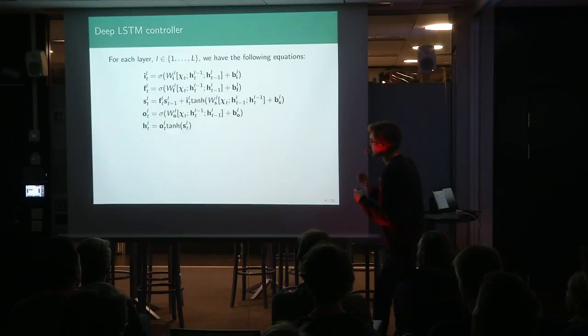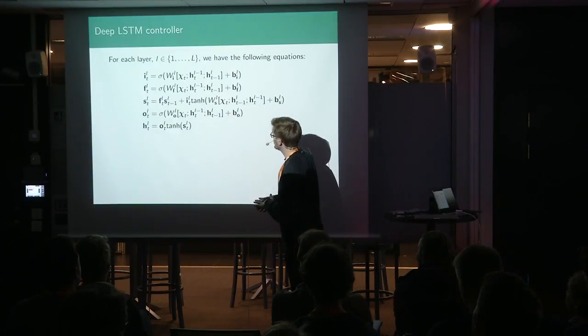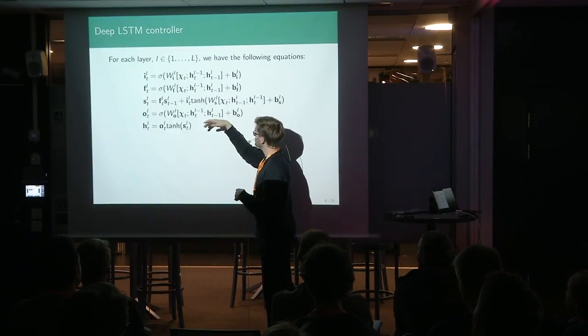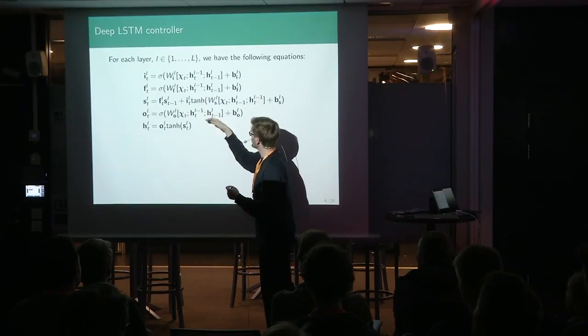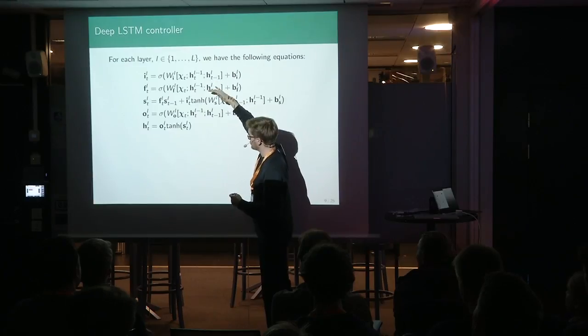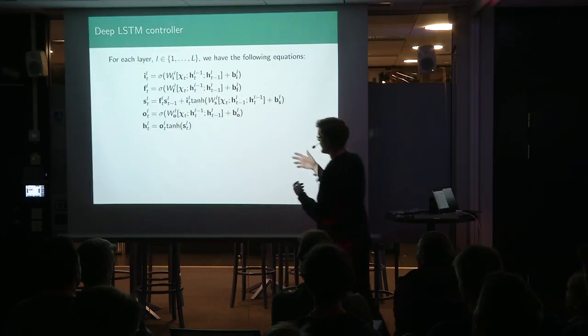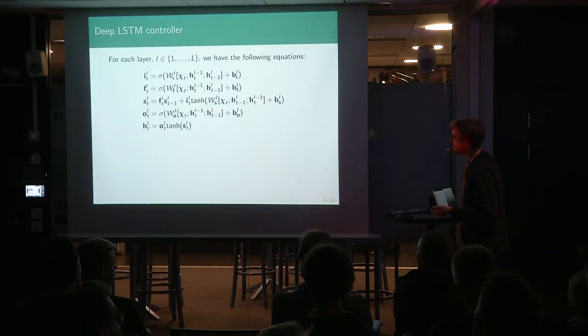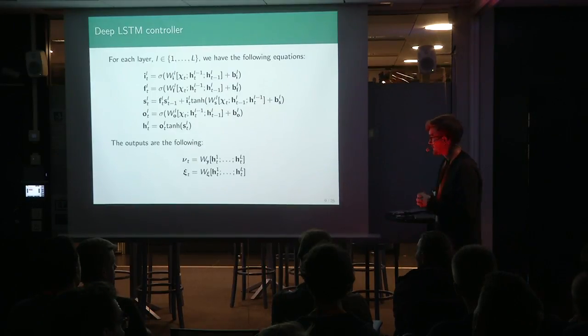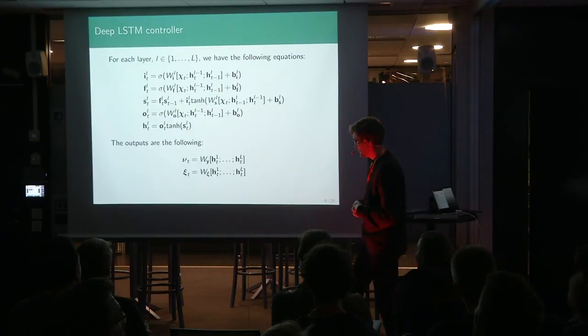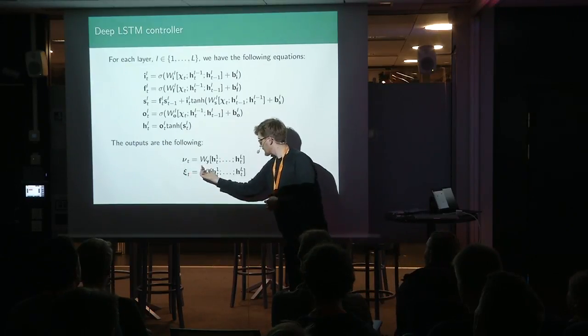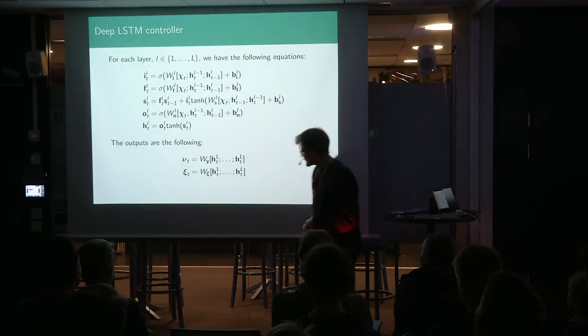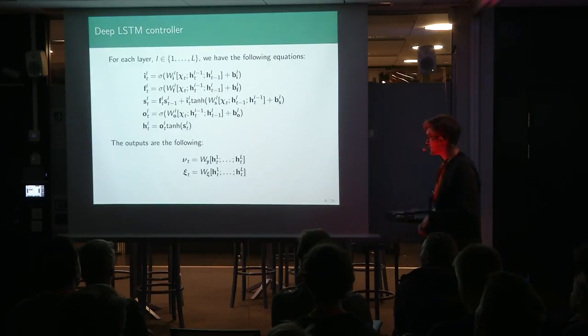The point is that you have the hidden vectors that you get in each layer, and the output and the interface vector will be some linear map based on these. So nu_t will look like this, and the interface vector is some linear map based on the hidden vectors.